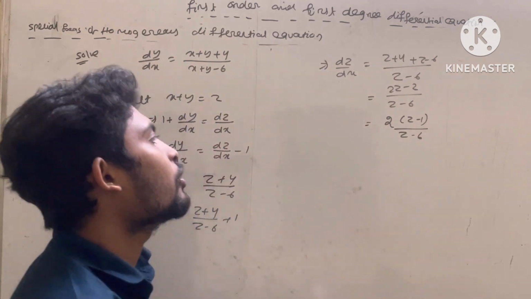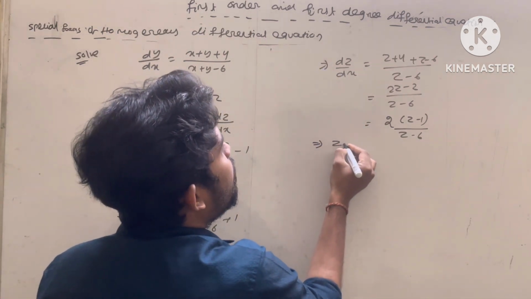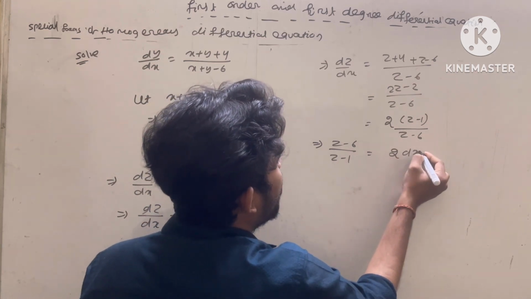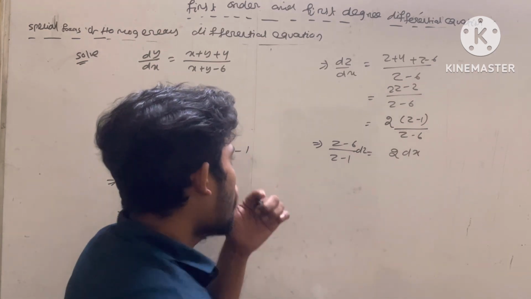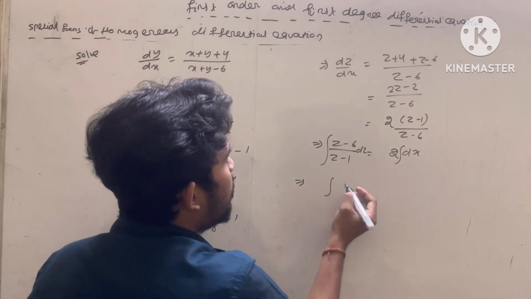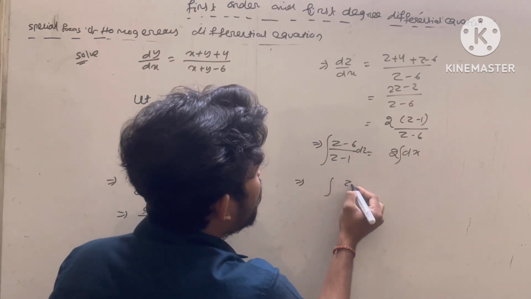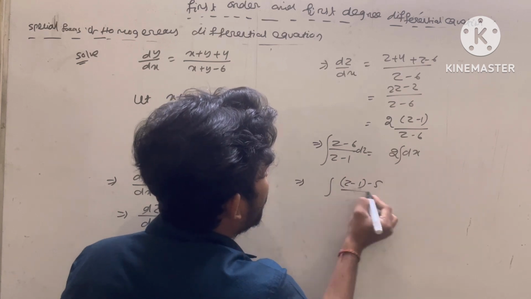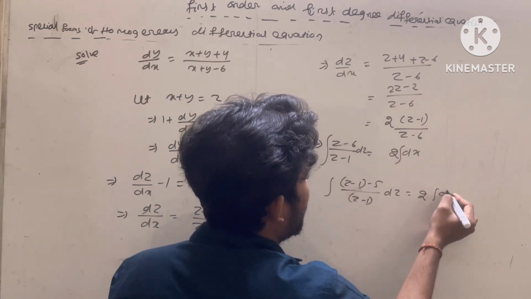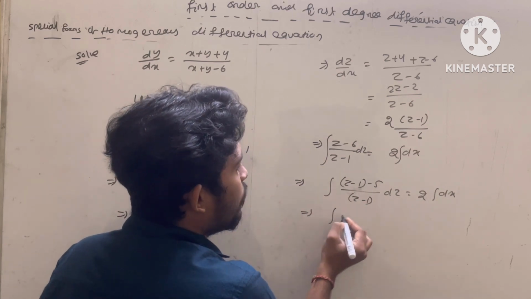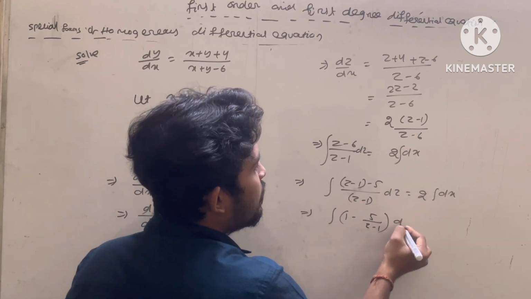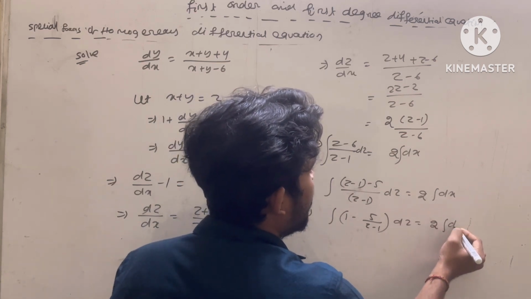Now I have to separate the variables here. (z minus 6) by (z minus 1) dz is equal to 2 dx, right? Taking integration on both sides, this is actually (z minus 1 minus 5) divided by (z minus 1) dz equal to twice of dx. So this becomes the integral of (1 minus 5 by (z minus 1)) dz equal to twice of dx.